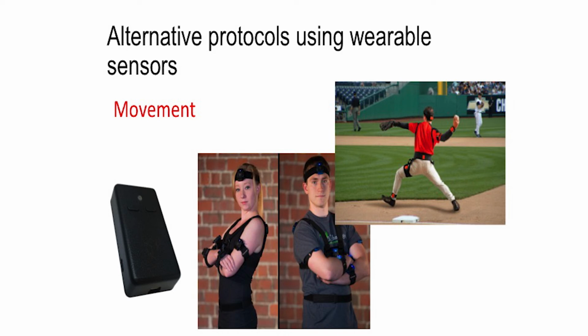It started as devices for gaming tools, but it's more and more used in sport biomechanics because it's very convenient. You can bring your system into the field and start capturing the movement of the limbs. So I think those two types of wearable sensors should allow us to reproduce those protocols outside of a gait lab.